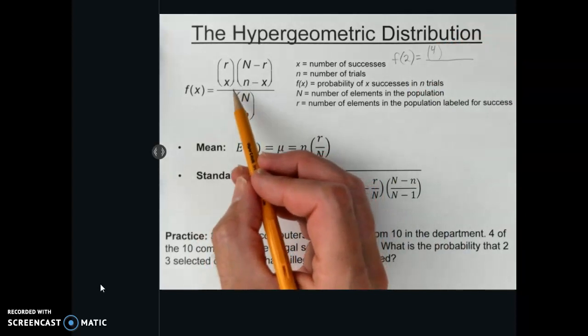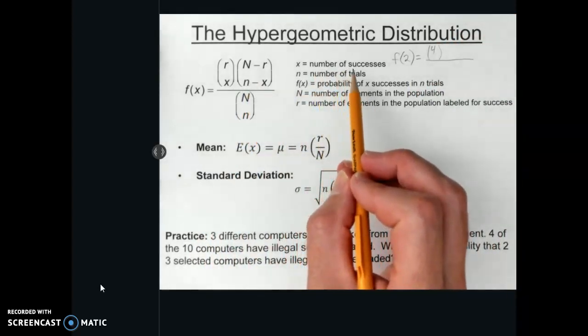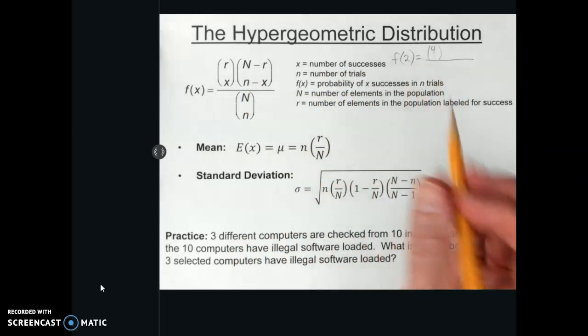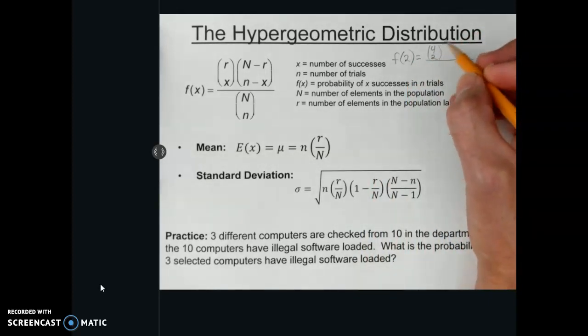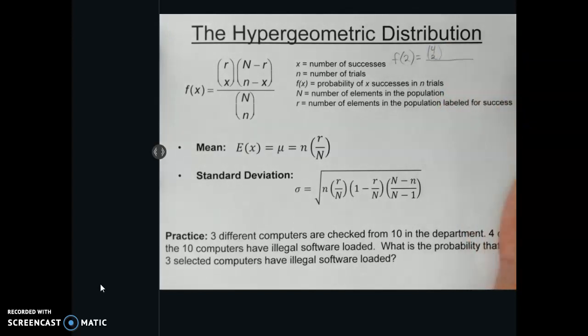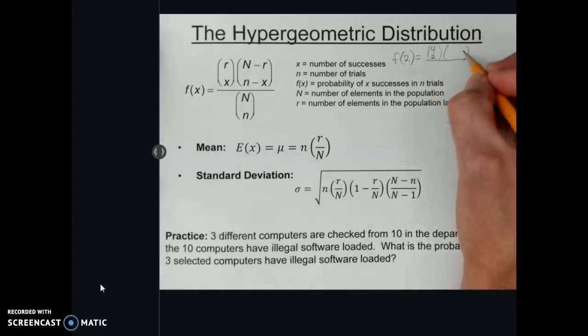And our x value, the little x, is the number of successes, and that's going to be 2. So what this means is how many combinations are there of 4 elements taken 2 at a time.